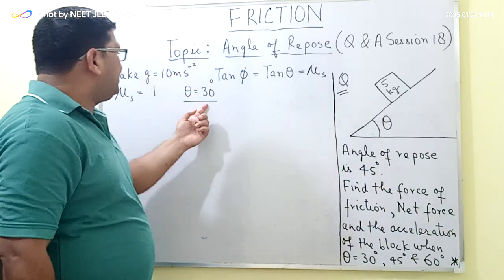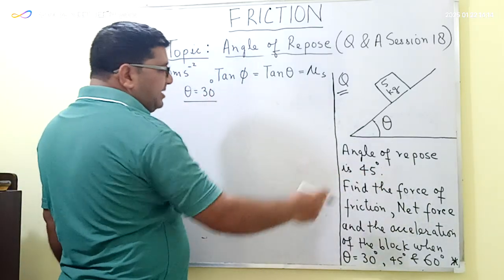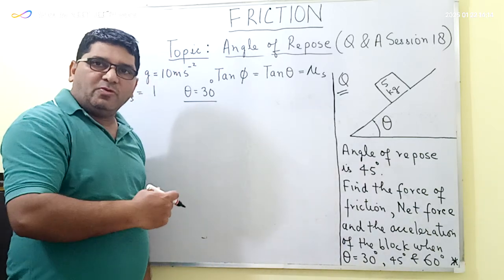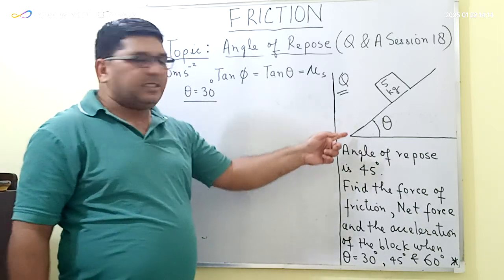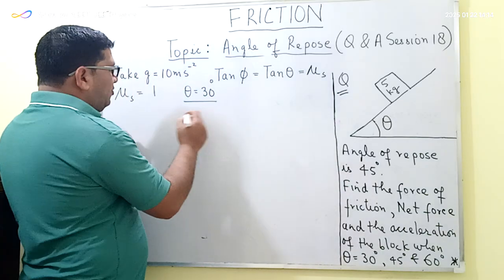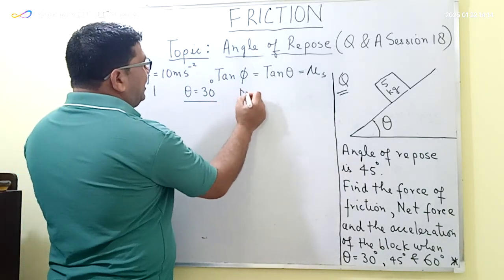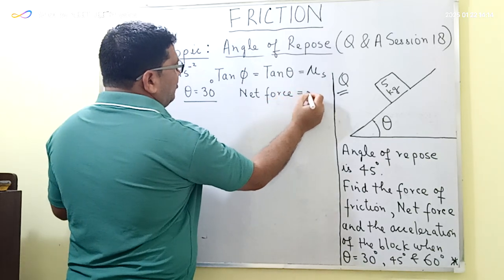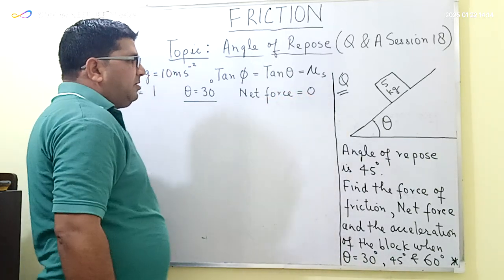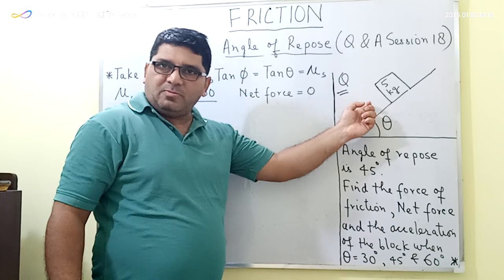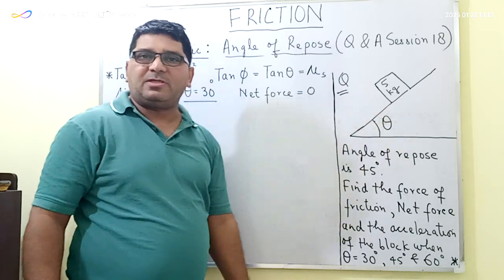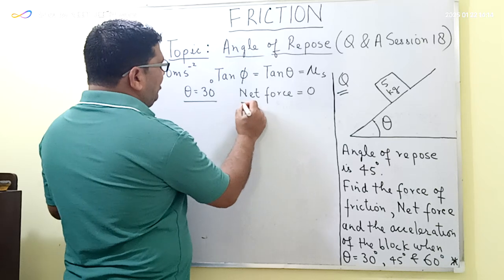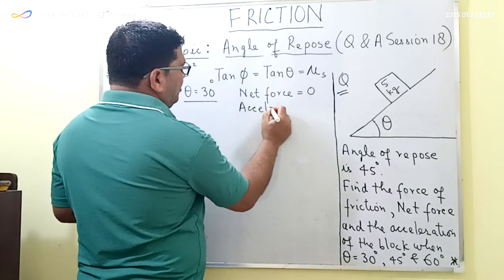So here, since the angle of inclination is less than the angle of repose, the body will not move down along this inclined plane, and so we can say that the net force on the body will be 0, because a body will not move only when the net force acting on it is 0. First thing, and the acceleration will also be equal to 0.